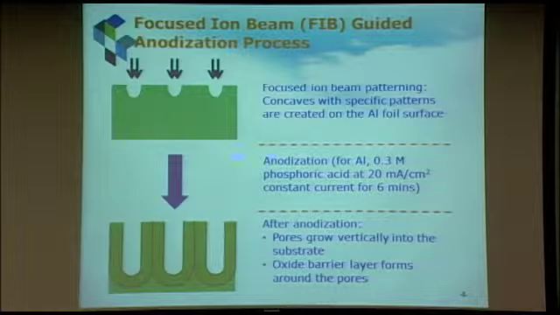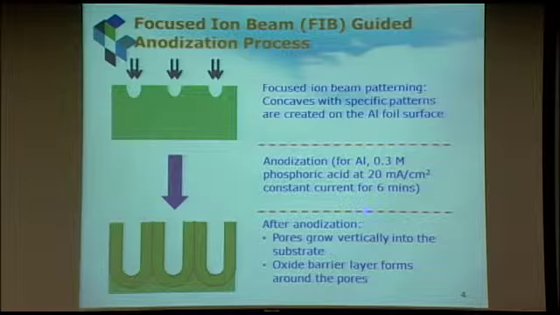And then from there, you bring it back to the lab, and then you do this anodization process, such as for this one, for phosphoric acid, we do it in acid under a certain current density and then different time. The nice thing about this anodization process is you can grow very, very long pores, like tens of microns, with a straight diameter.